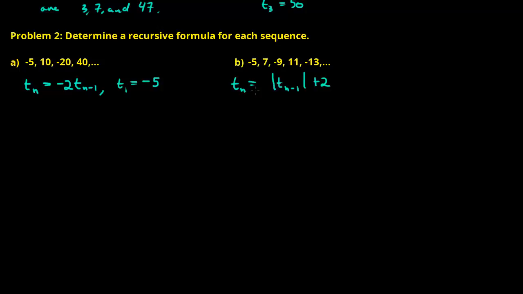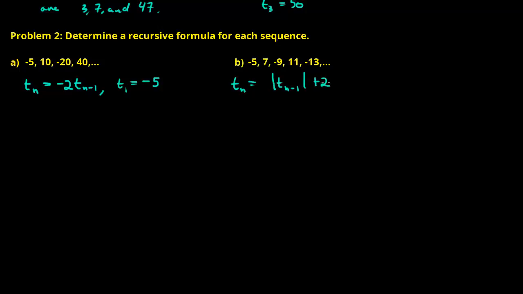So now let's see what would happen here. What that would mean is that the previous term, let's see, we've got -5. If we take the magnitude of that, we get 5.